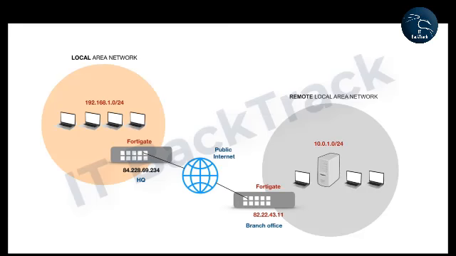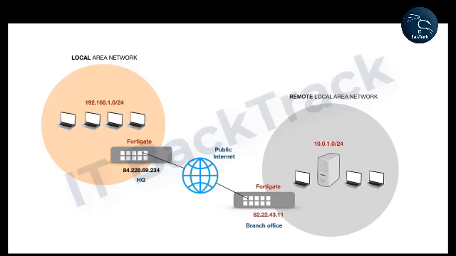Now let's look at the topology. Users from our local area network, which is the 192.168.1.0, will be able to connect directly to the remote local area network at the 10.0.1.0 as if they were part of that local area network.